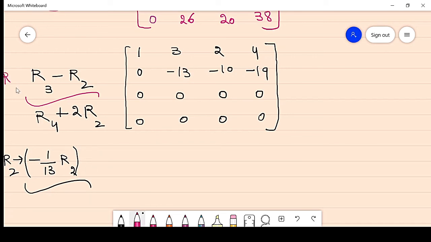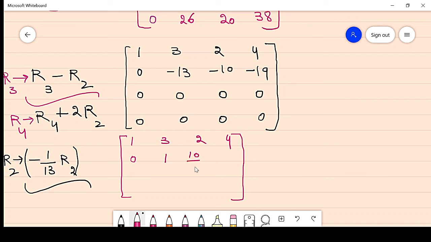The matrix becomes 1 3 2 4; 0 1 10 by 13, 19 by 13; and then all zero rows. Now the diagonal entries are 1 and the entries below them are 0.